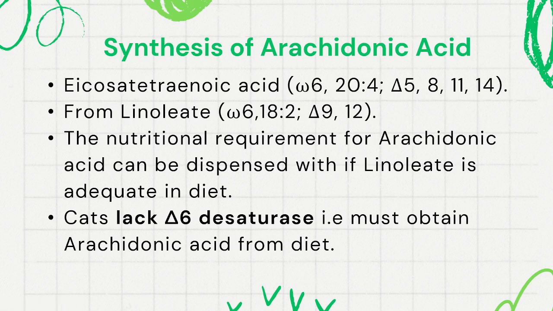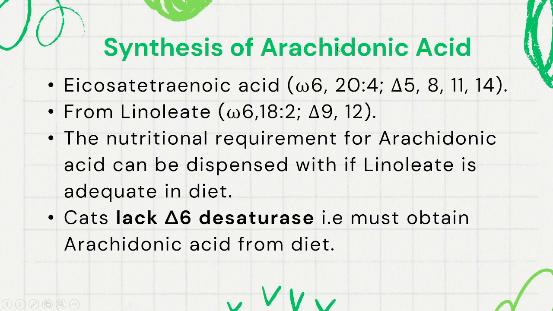Synthesis of arachidonic acid: as we said, arachidonic acid is semi-essential, sort of, because cats, as mammals and as animals, cannot synthesize it. As you know, arachidonic acid is an eicosatetraenoic acid, meaning eicosa, it has 20 carbon atoms, tetraenoic, it has 4 double bonds, particularly at delta 5, 8, 11, 14. The body can synthesize arachidonic acid from linoleic acid.